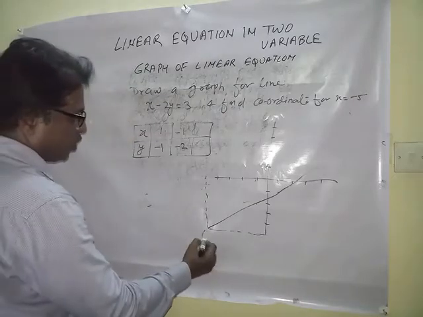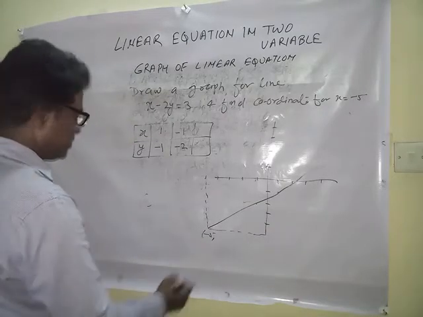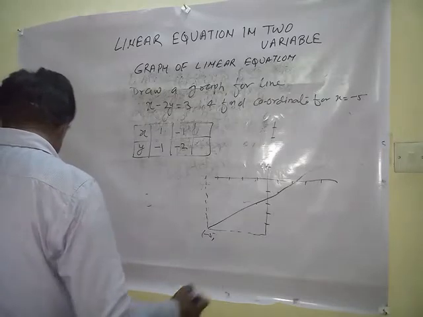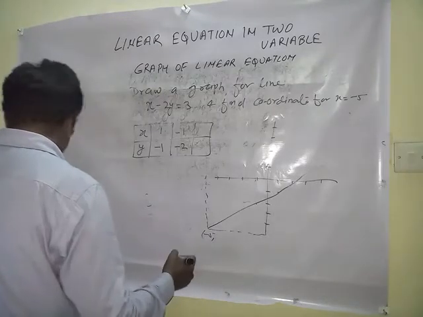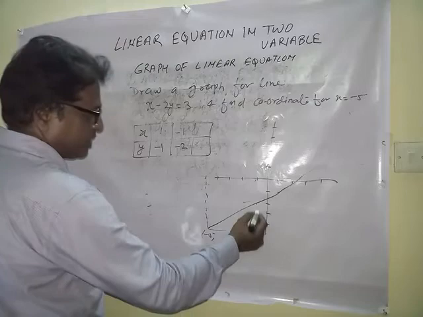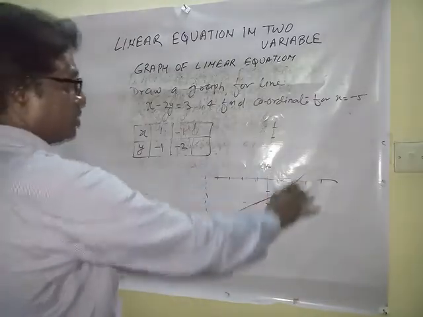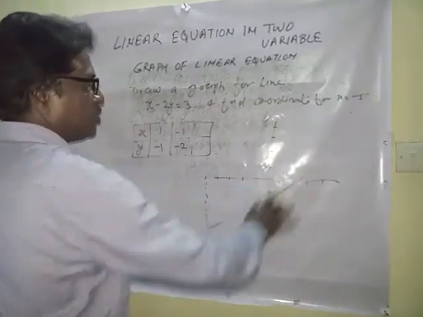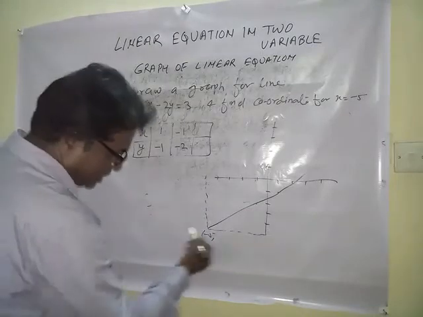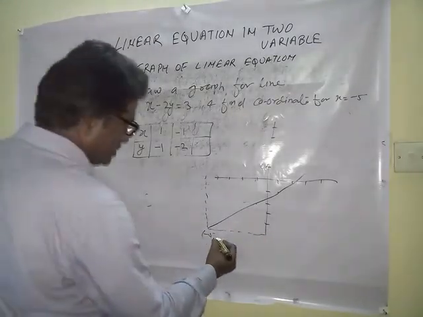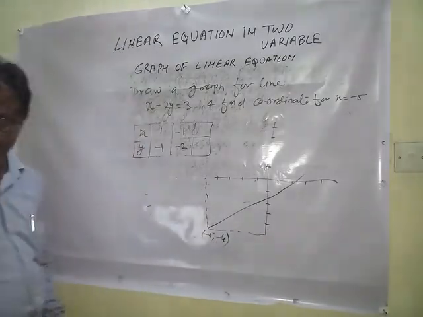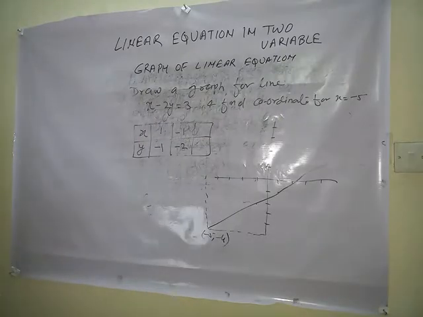Whatever coordinate you will get is at minus 5 and the other value. Wherever it is meeting, it is not exact in this drawing, but when you draw with the scale, you can get an exact coordinate. Here the answer is minus 4. So that is how you can do it with the graph.